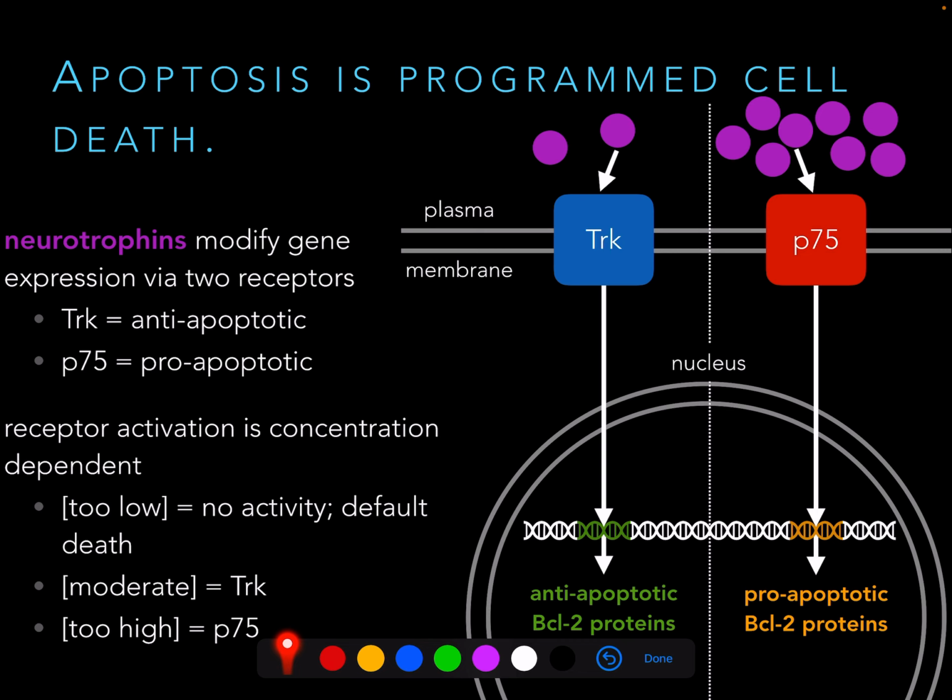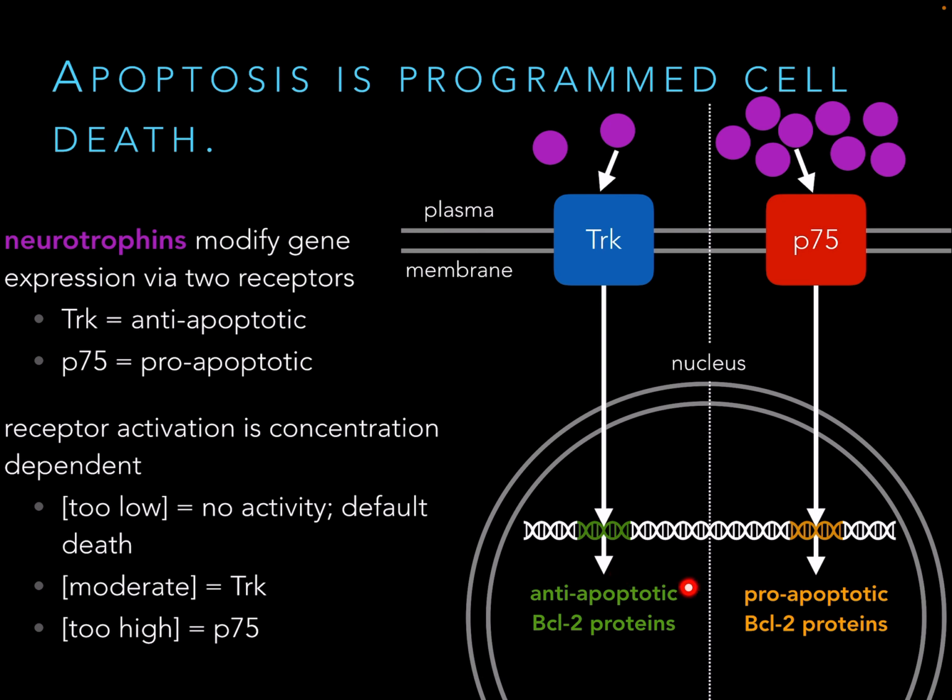If we have a moderate amount of neurotrophins, those activate TRK receptors, and TRK receptors will indirectly change gene expression. They'll eventually activate transcription factors that turn on anti-apoptotic BCL2 proteins. That's those green jelly beans from the last slide.